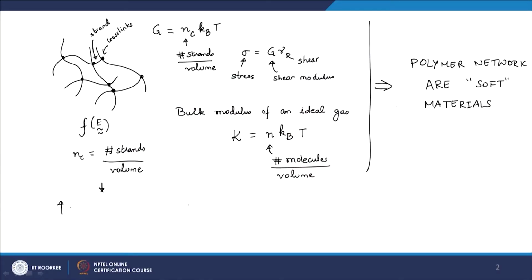As I increase my NC, I would decrease the elasticity of the material, or in other words, it is less soft as we increase NC. And this is the way we can obtain materials of different stiffness by varying simply the cross link density.